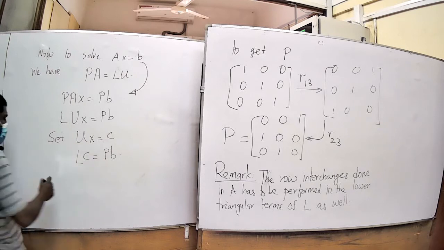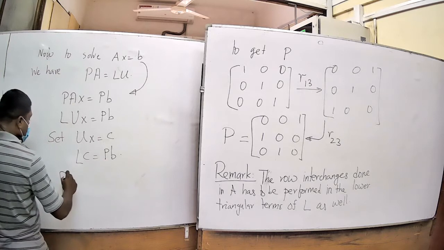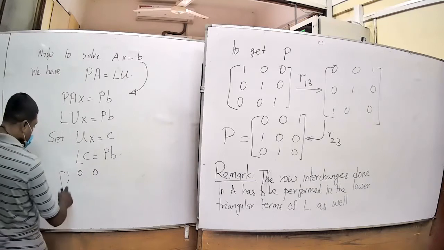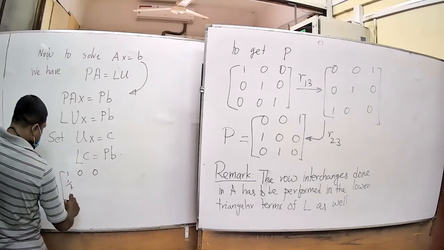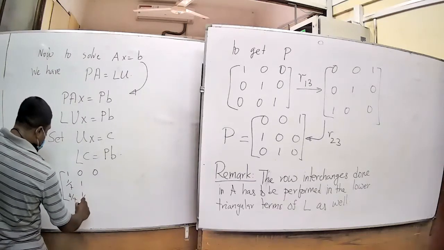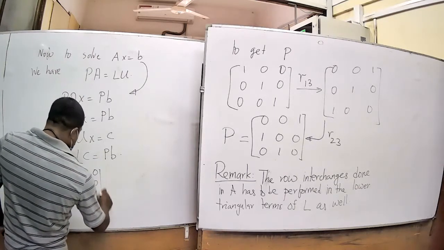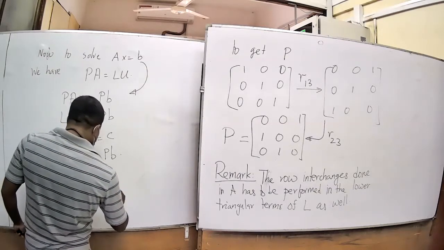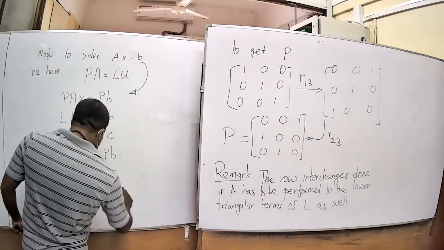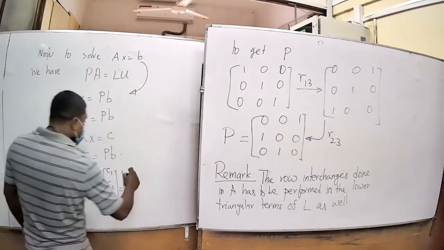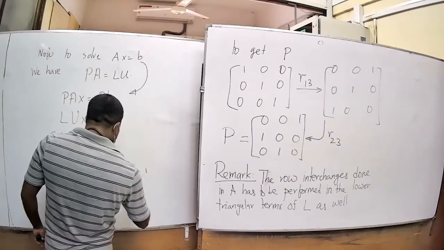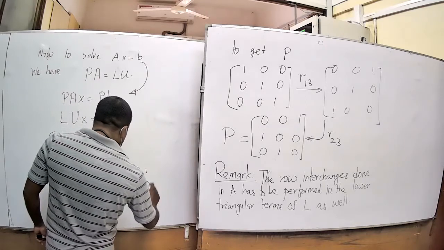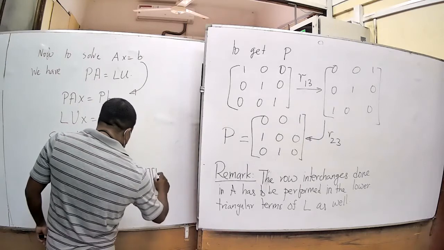So this is L: 1 0 0, 1/7 1 0, 4/7 1/2 1, times c, which is c1, c2, c3, equal to P, which is 0 0 1, 1 0 0, 0 1 0, times b, which is 1 2 3.